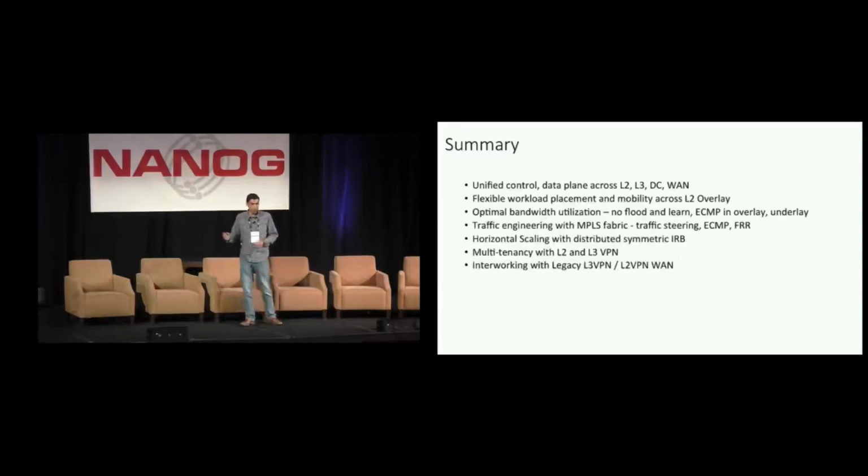Now, the next point, by eliminating flood and learn, and by bringing in ECMP both in the overlay and in the underlay. So overlay VPN ECMP that it's enabling both for MAC and IP routed traffic, as well as your underlay fabric being a standard IP routed fabric, you have ECMP semantics, ECMP load balancing per flow, both in the overlay and in the underlay.